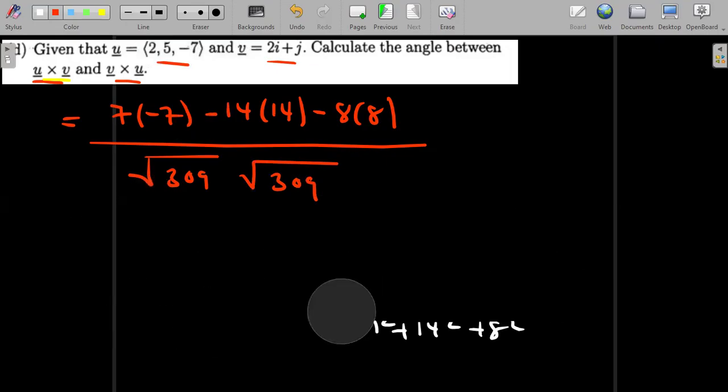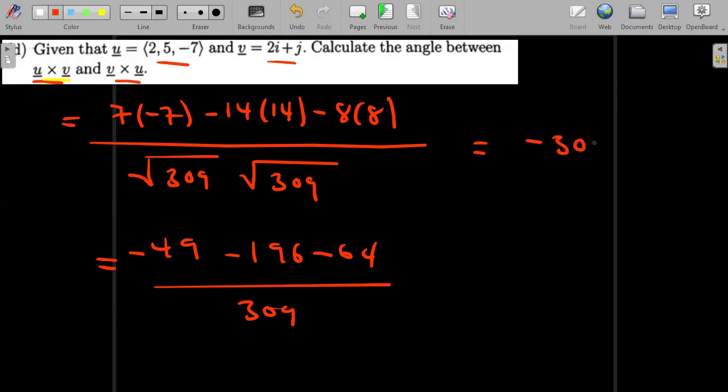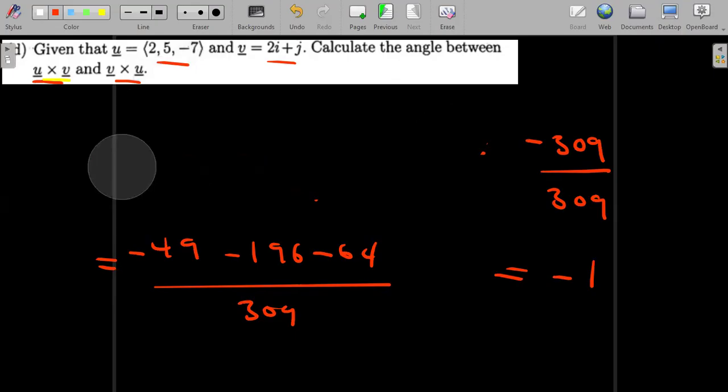On top I get negative 49, minus 196, minus 64. Root of 309 multiplied by root of 309 gives 309. Adding what I have on top, I get negative 309 over 309, and this gives me negative 1.